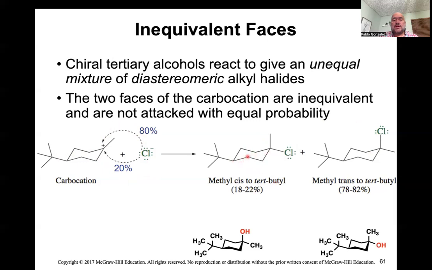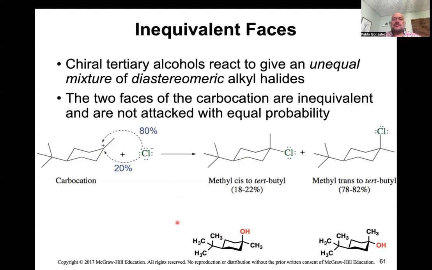This one is my methyl cis to the tert-butyl, it's going to be 18 to 22%, and methyl trans to the tert-butyl is going to be 80%. So these are going to be my two diastereomers that we're going to produce from this one, which has an unequal distribution of the faces.